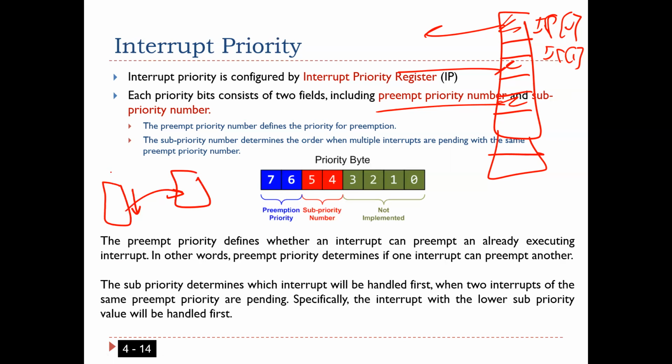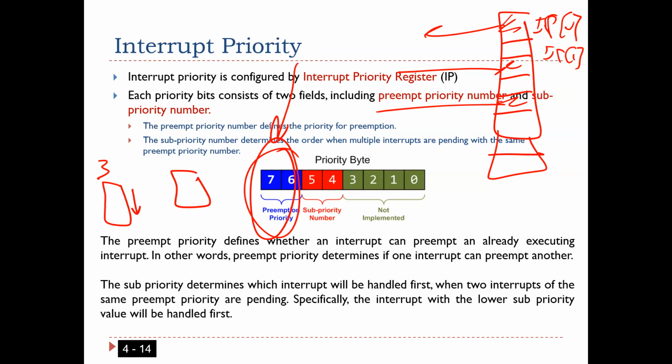For example, if this one has a preemption priority of 3, but this one has a preemption priority of 2, and 2 is higher than 3. So this preemption priority can tell if I should preempt, and preempt here means leave this interrupt to go execute the other one. That's the meaning of it. So these 2 bits can tell what I should do in this case.